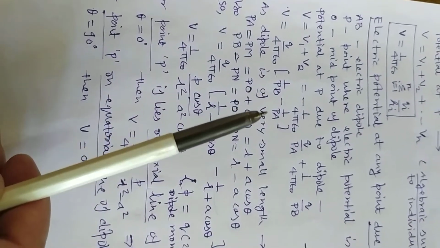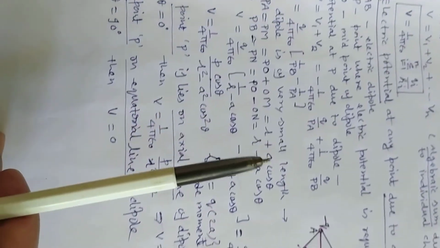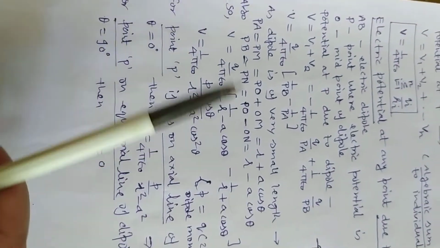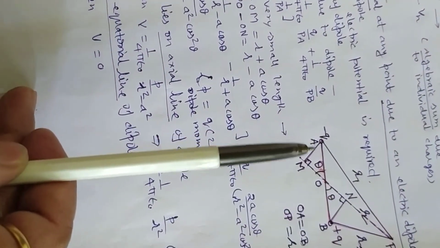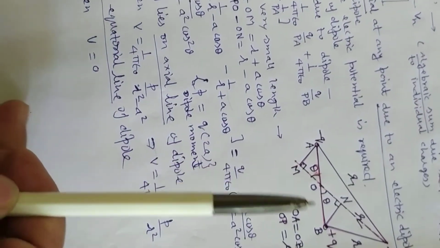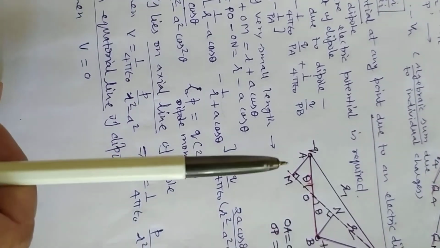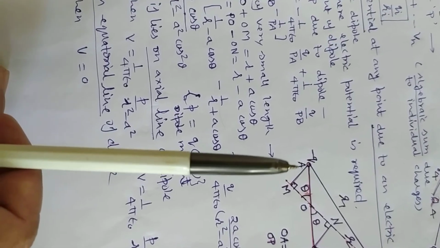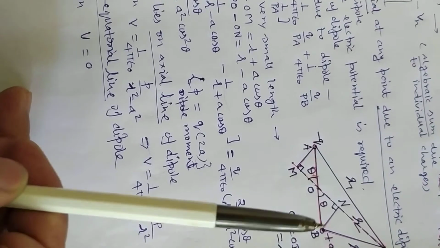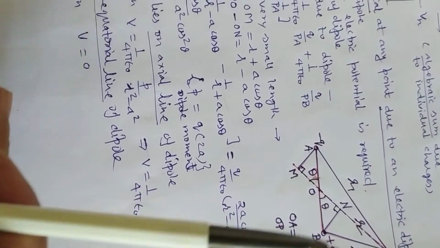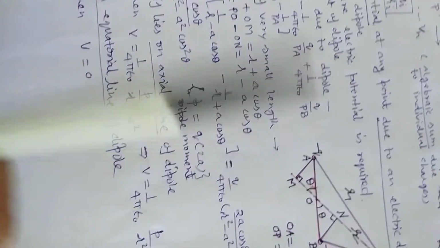Let us calculate the values of PA and PB to calculate the potential at P. The dipole length is very small, so we can have this distance PA as almost equal to PM. We have extended this PO and we have drawn the normal AM from A on this line, and also the normal BN from B on this line, that is, the extended PO.